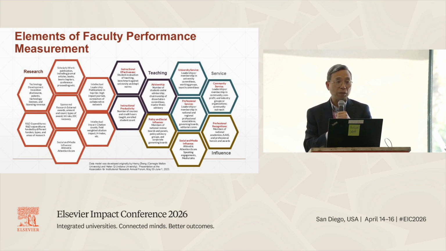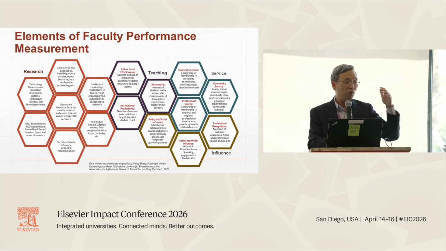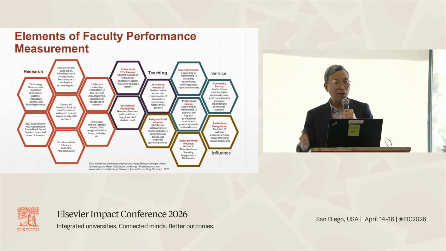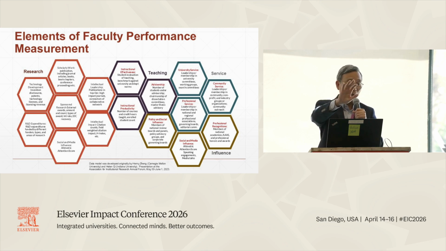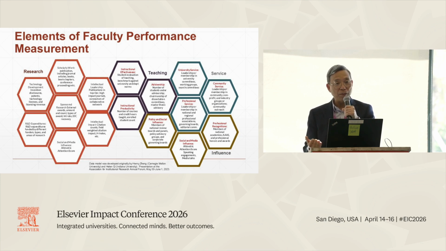We want to make sure that when we say something we are good at, we actually have data to support it. One good example, which maybe is true on your campus as well: every time we talk about research strength, people will say, oh, we are very good at interdisciplinary research. Well, where is the data evidence?